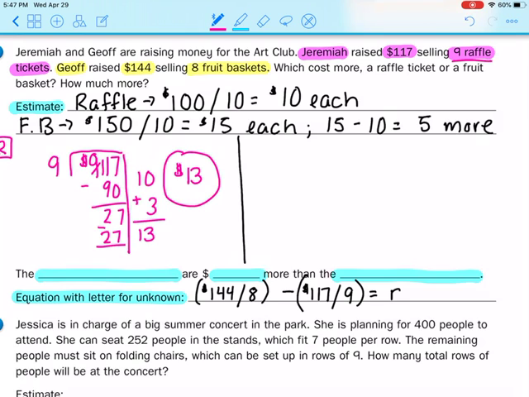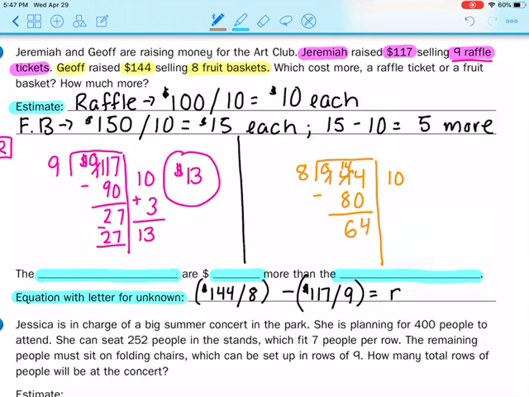Okay, so now let's figure out about Jeff. Jeff sold 8 fruit baskets for a total of 144. So we have to divide. If I do 8 times 10, it would give me 80. And if I subtract 144 minus 80, I would get 64.